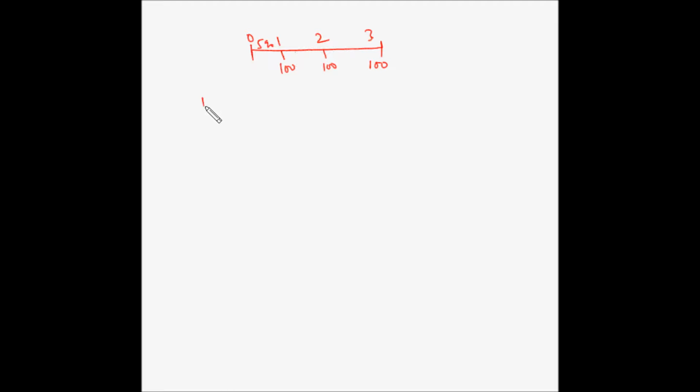Now if you have to calculate the net future value, this will be equal to, so 100, 100 and this 100 itself. So the net future value will be equal to, for this first 100, 100 into 1 plus 0.05 square, because this is being compounded for 2 years, plus 100 into 1 plus 0.05 to the power 1 plus 100.